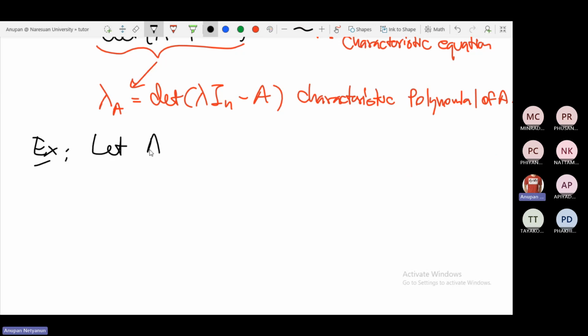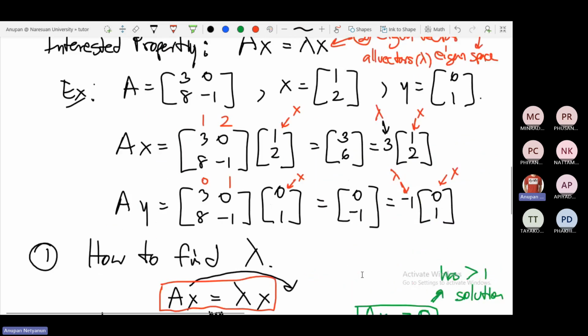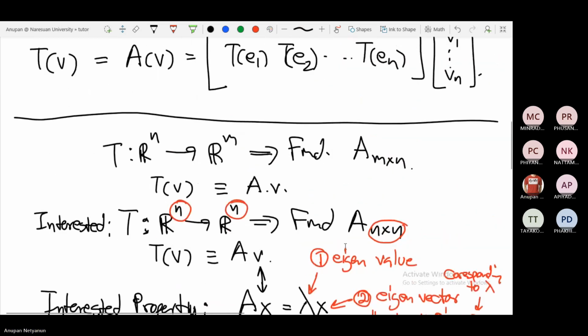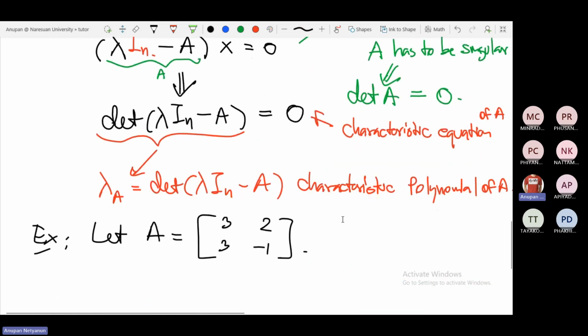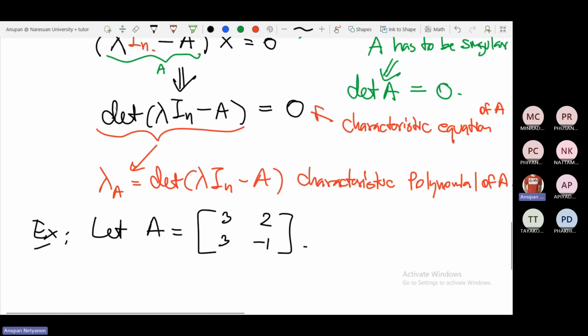Let A be the matrix 3, 2, 3, negative 1. The reason why we need the A matrix to be a square matrix is that you need to find the determinant.